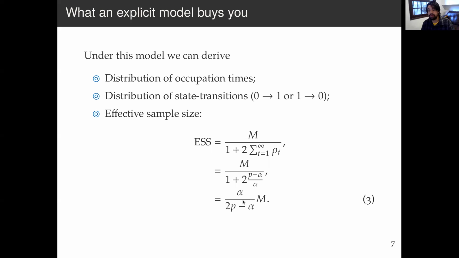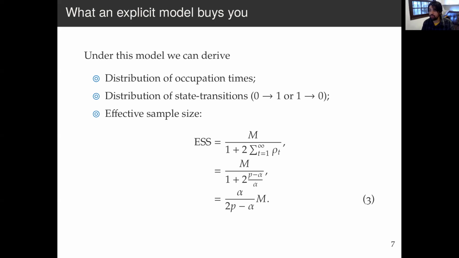So what having an explicit model buys you is that you can derive the distribution of a bunch of potentially important quantities in closed form. So with that model, we know what the distribution of occupation times is. So, you know, occupation time is how much time you spend at, let's say, the one state, right?